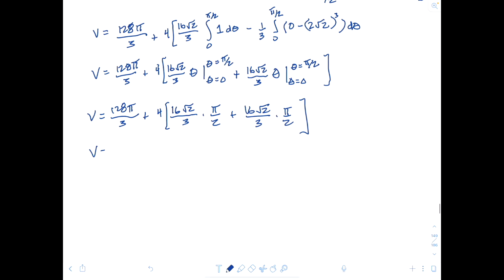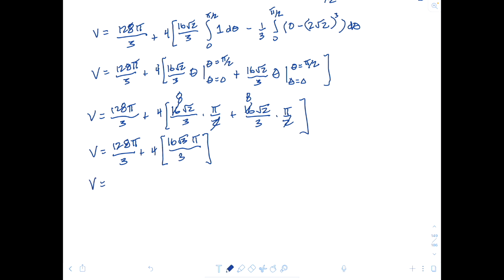Our volume will be 128 pi over 3 plus 4 times 8. So that would give us 16 root 2 pi over 3.